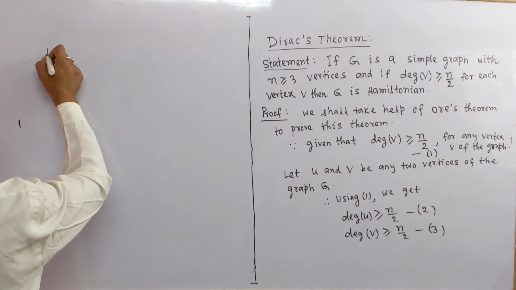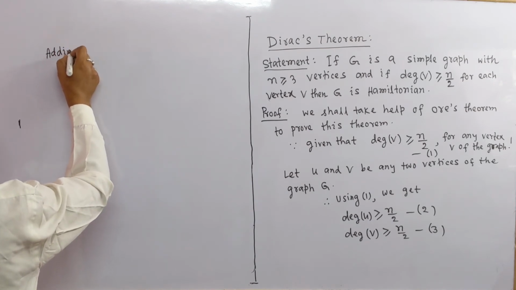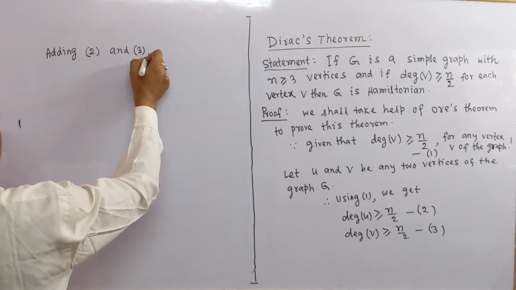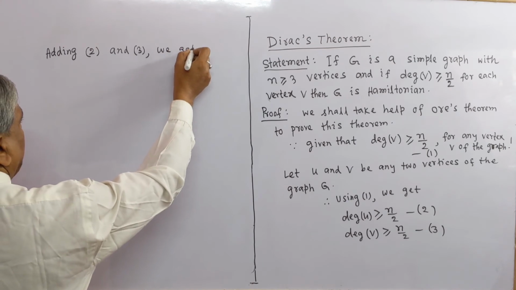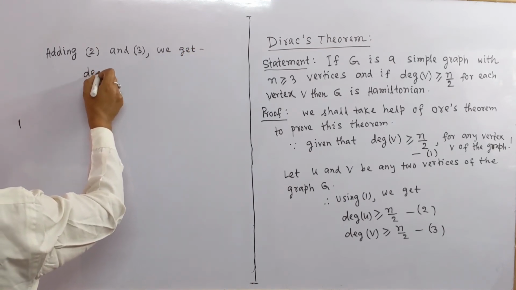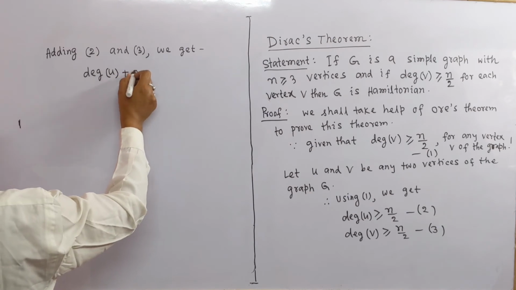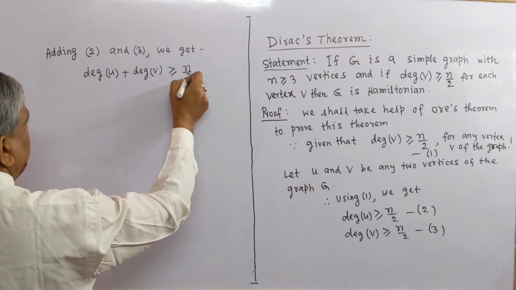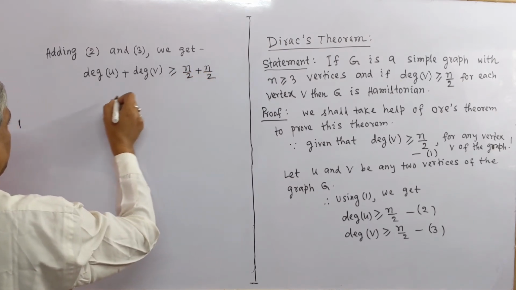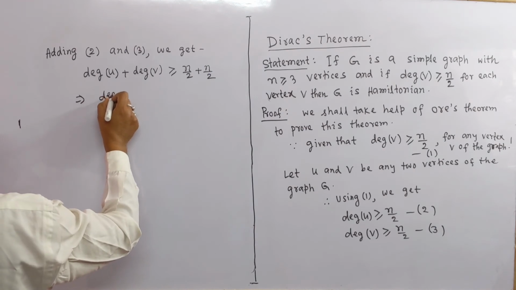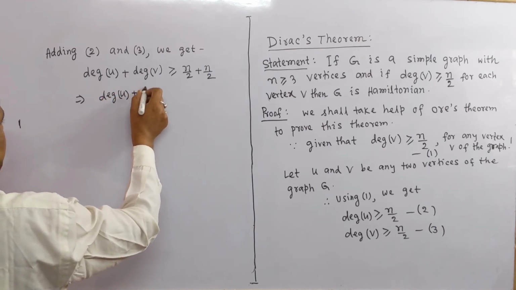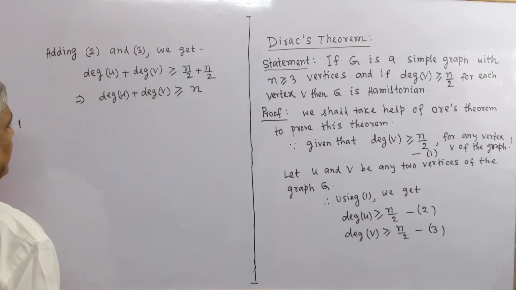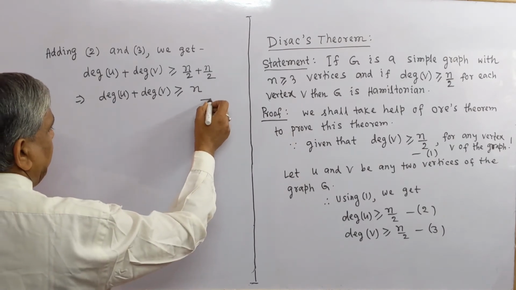Adding 2 and 3, we get degree of u plus degree of v greater than or equal to n by 2 plus n by 2, which implies that degree of u plus degree of v is greater than or equal to n. This is number 4.